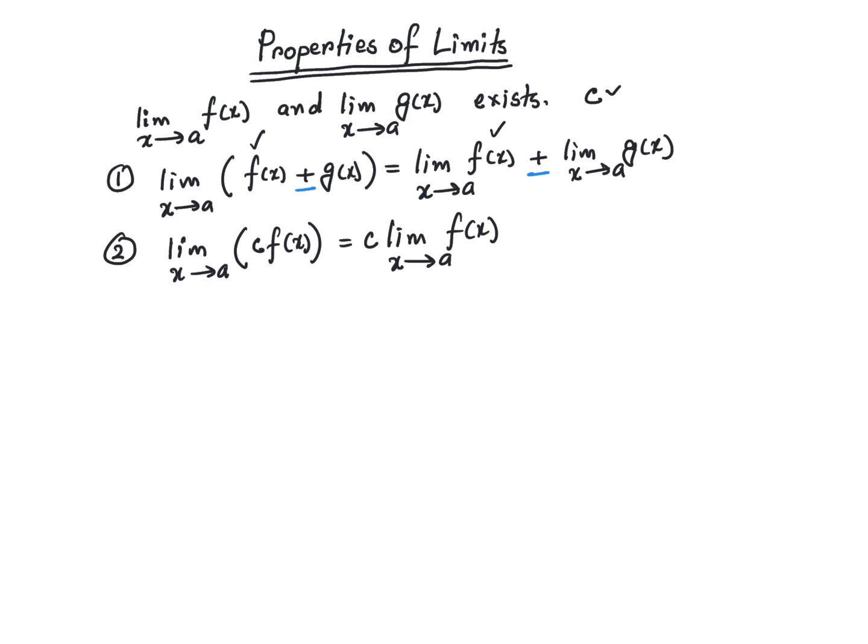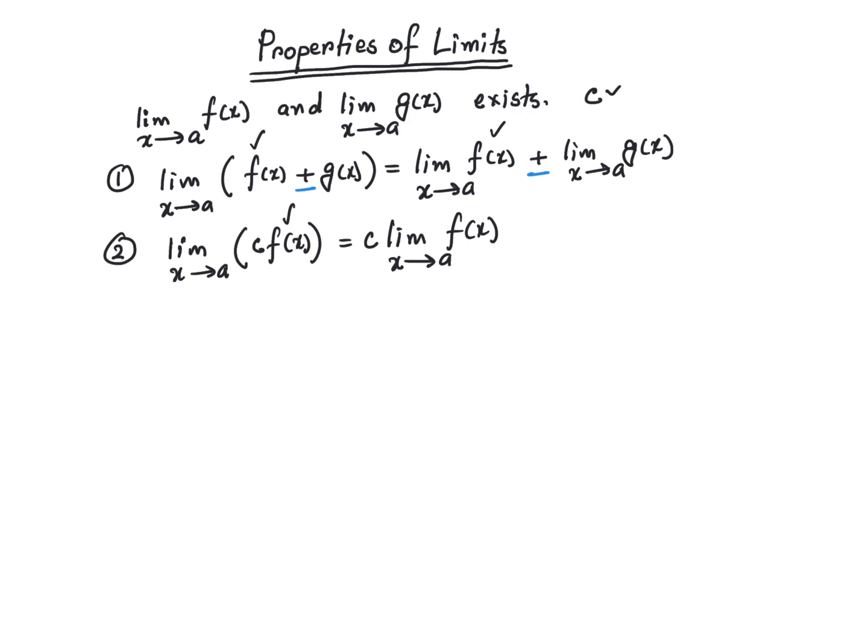So technically you kind of know this, c is a constant, right? It does not depend on the changes in values of x. C is a constant just sitting there, so it should not influence the outcome of the limit. Whatever the limit is going to be is the same. Since you multiplied c by f of x on the left-hand side, you can pull out the c from inside the limit.